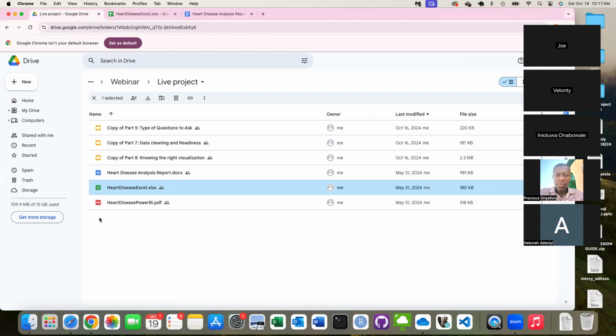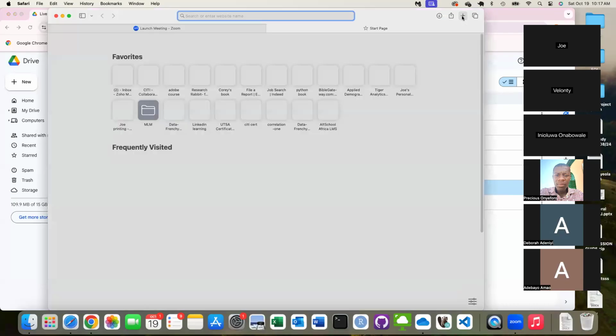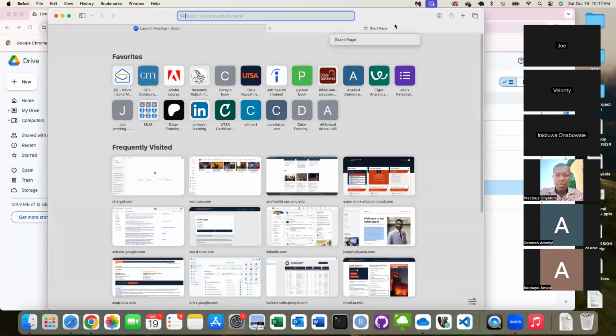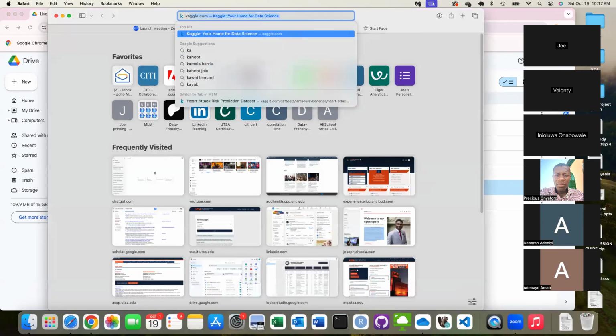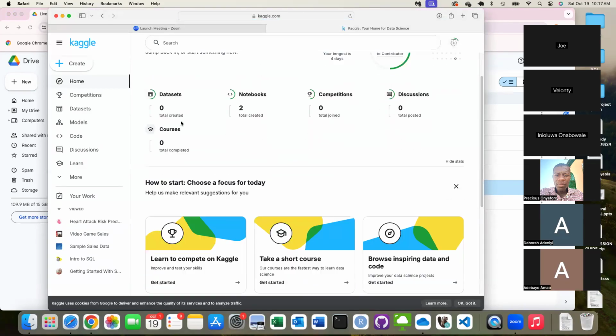And we can do this by going to a website called Kaggle.com. Kaggle.com is one of the top websites for you to get data. So you just go to www.kaggle.com.